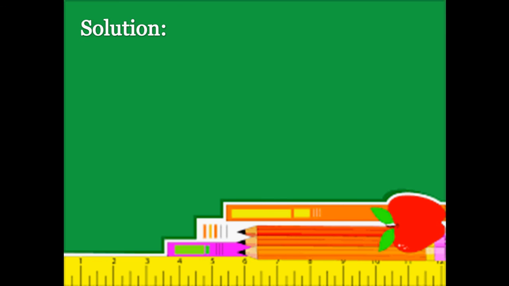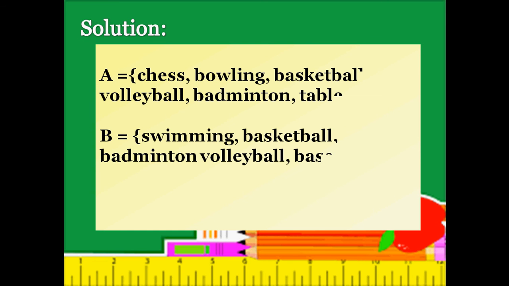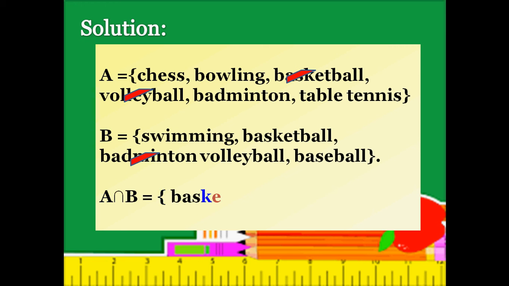In finding the intersection of two sets, let us compare set A and set B and find the common elements. From this example, the common elements of the two sets are basketball, volleyball, and badminton. So, the intersection of set A and set B has the elements basketball, volleyball, and badminton.